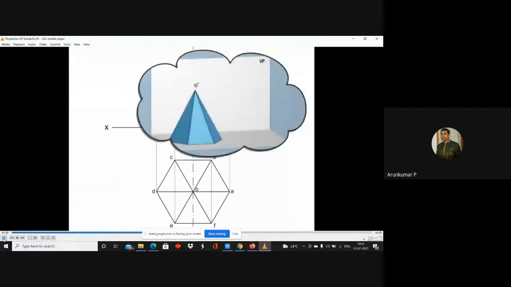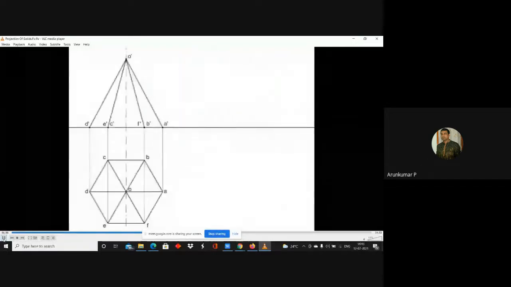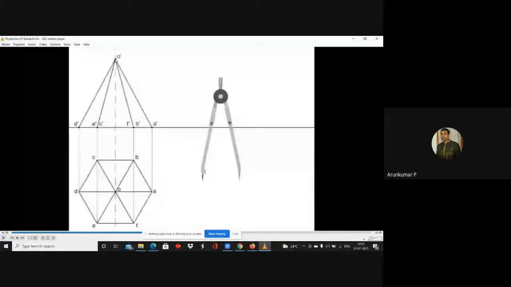So in the second step, you are asked to keep this lateral edge O dash A dash, that is OA, on HP. So the lateral edge OA is resting on HP in the second step. Please observe how it is done.